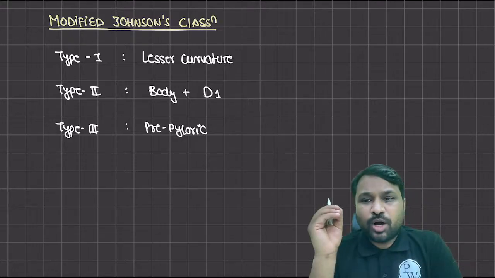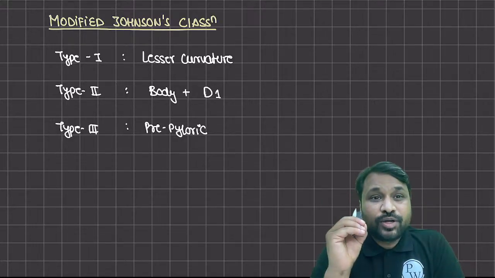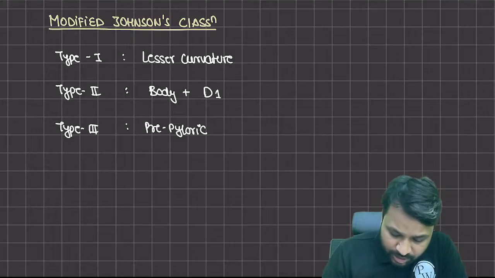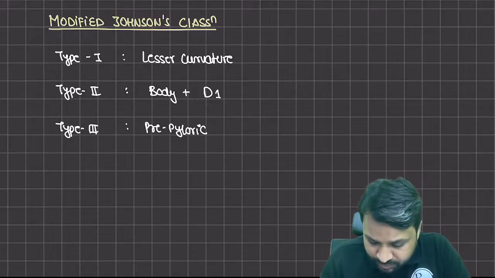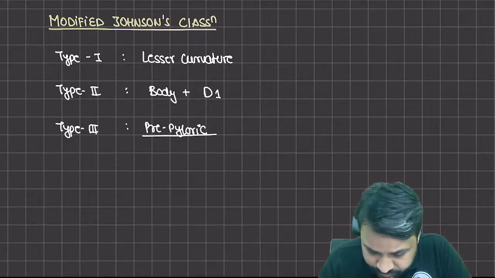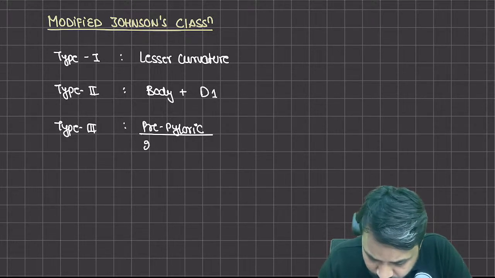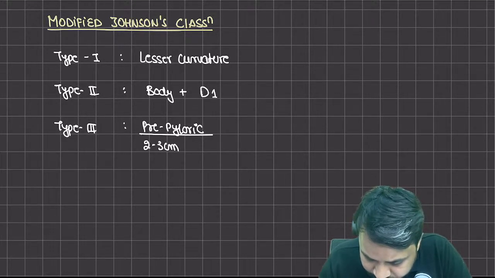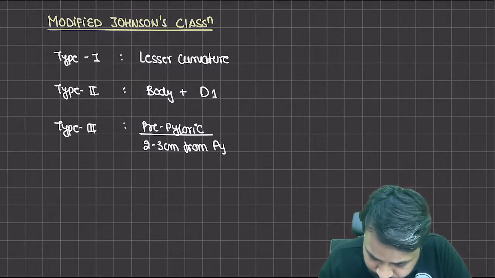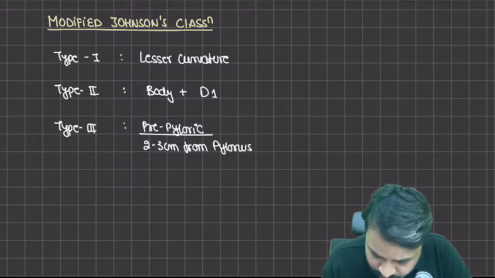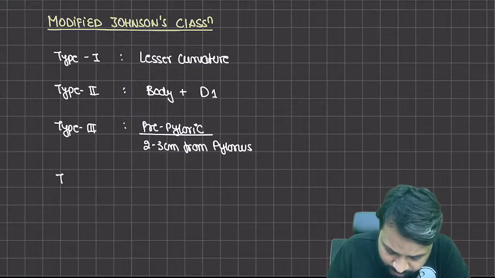If somebody asks at what level you will consider this pre-pyloric, remember, this will be 2 to 3 centimeters from the pylorus itself.